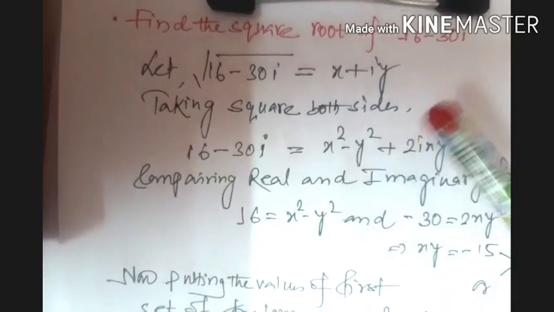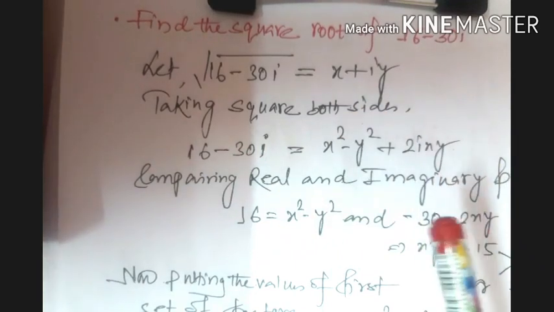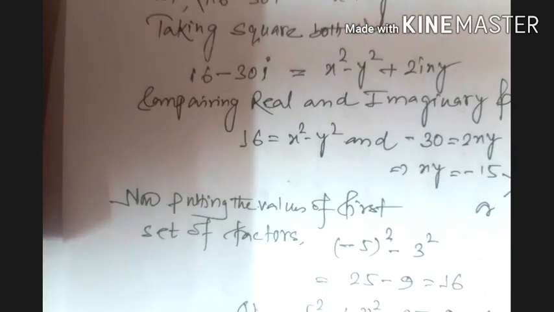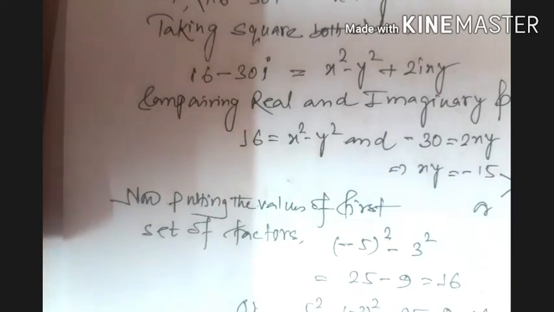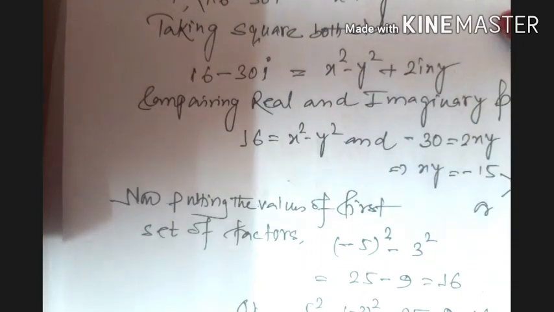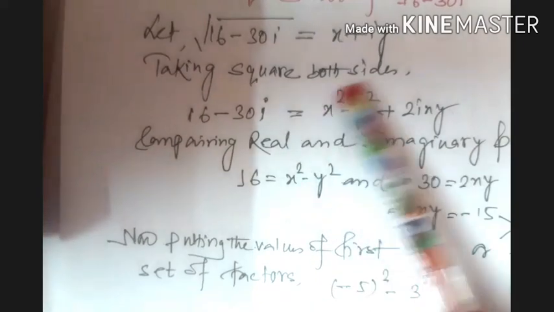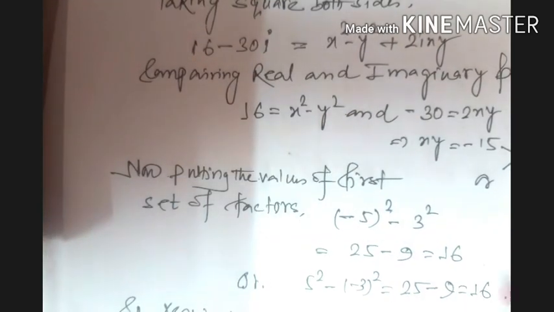So here I have used the last shortcut method. As you know, first of all we have to find these two, that is x square minus y square equal to 16 and xy equal to minus 15. So how did we get it? By again taking square on both sides and then comparing real and imaginary parts.